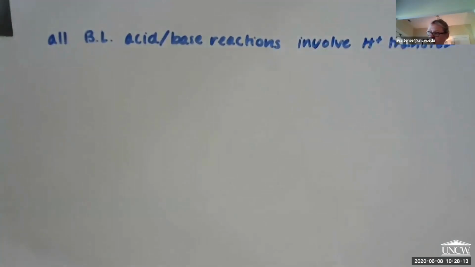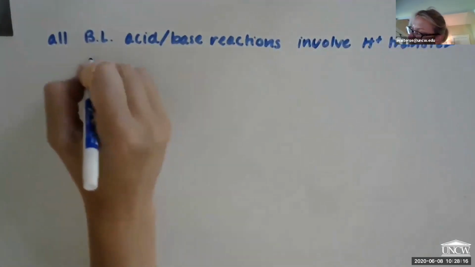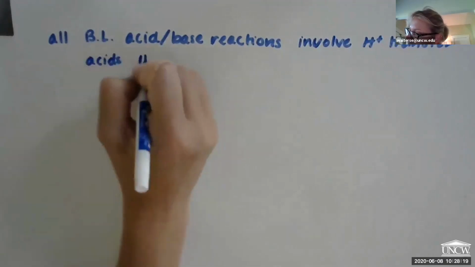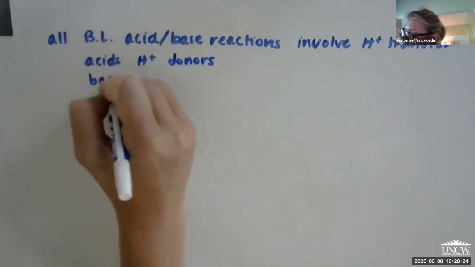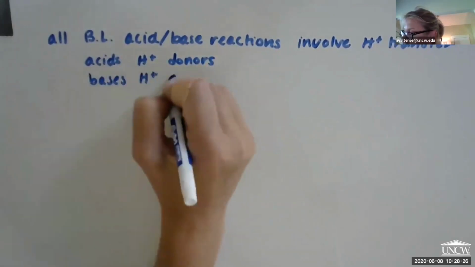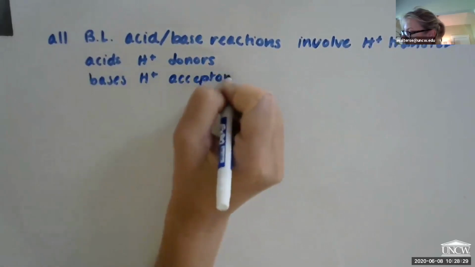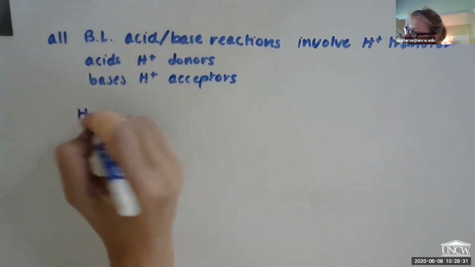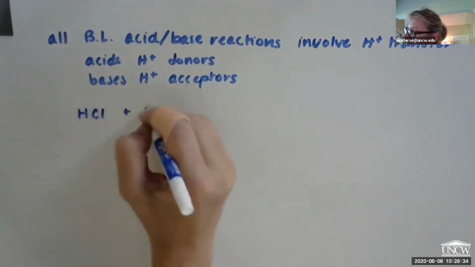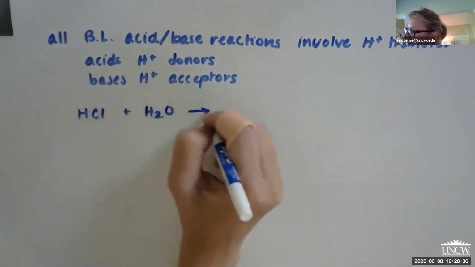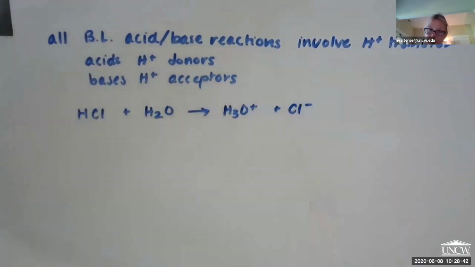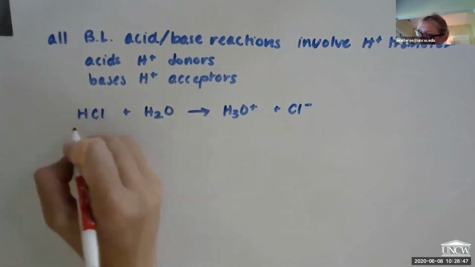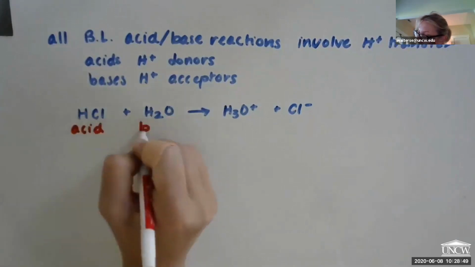The acids are proton donors, the bases proton acceptors. So we could write HCl plus H2O to give you H3O plus and chloride. So this was the acid, and this was the base.